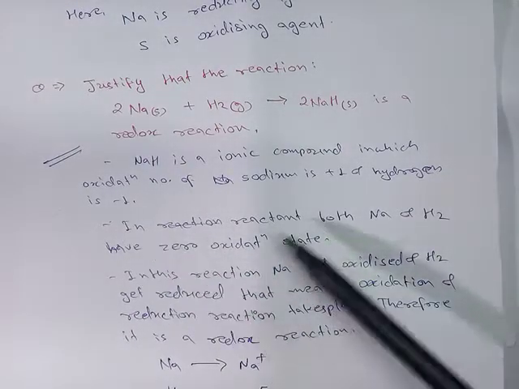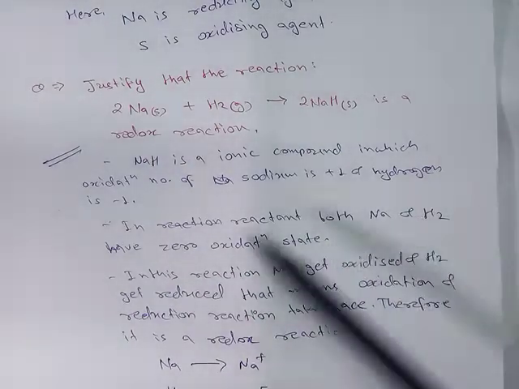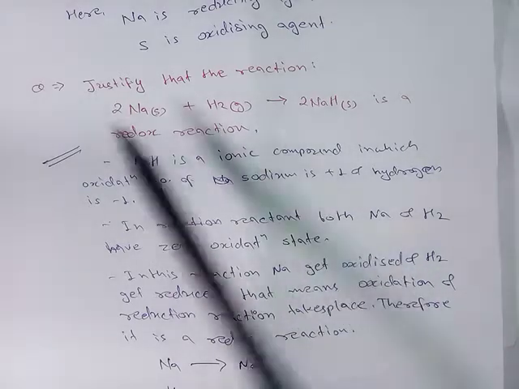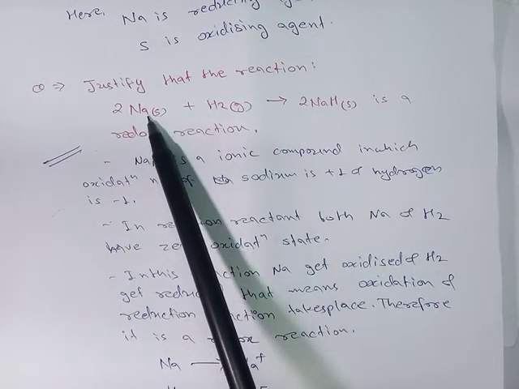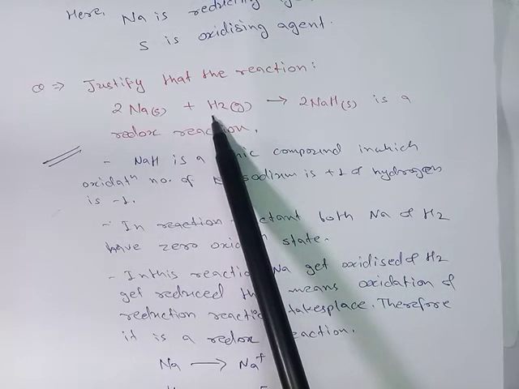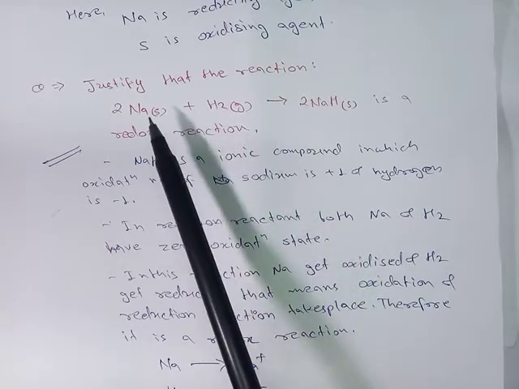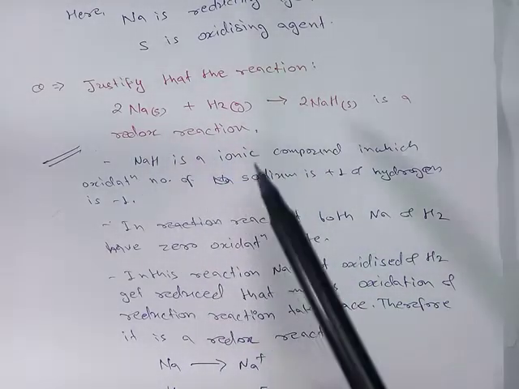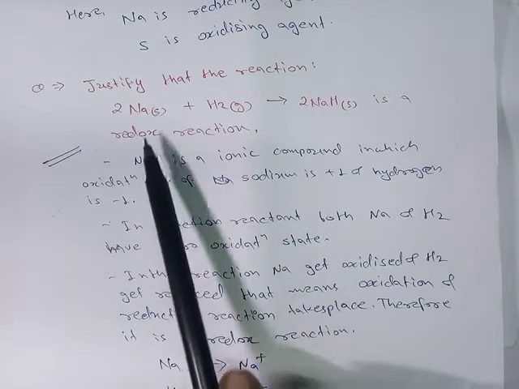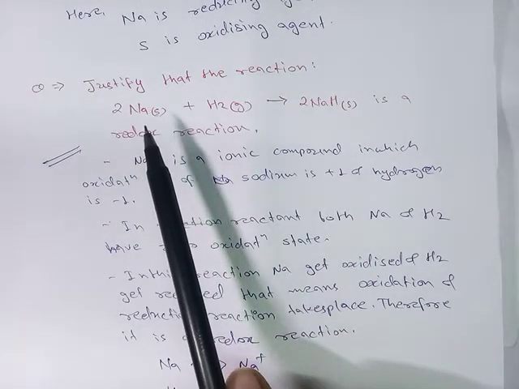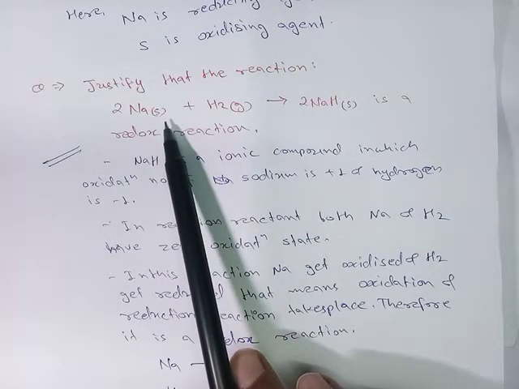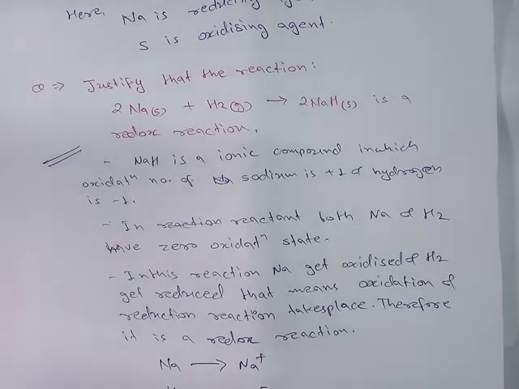In the reactant both sodium and hydrogen have 0 oxidation state, because sodium is in elemental form and hydrogen is in elemental form, and the oxidation number of any element is 0.